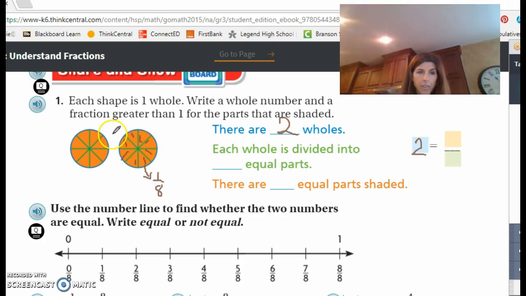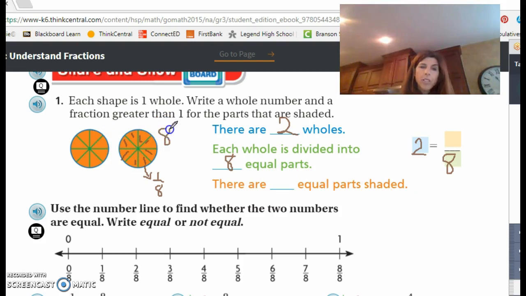All of them are divided into eighths, divided into 8 equal parts. We can write a fraction because they're divided up into equal parts. Okay? So our bottom number, our denominator, is going to be 8. And how many are divided all together? There are blank equal parts shaded.